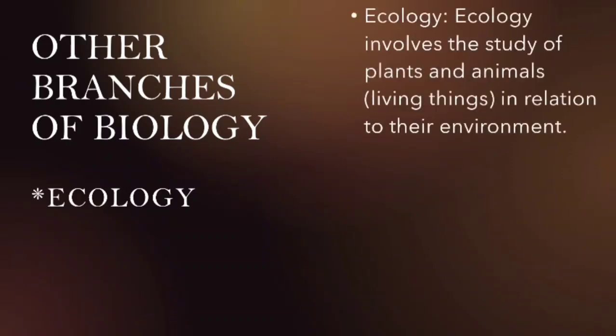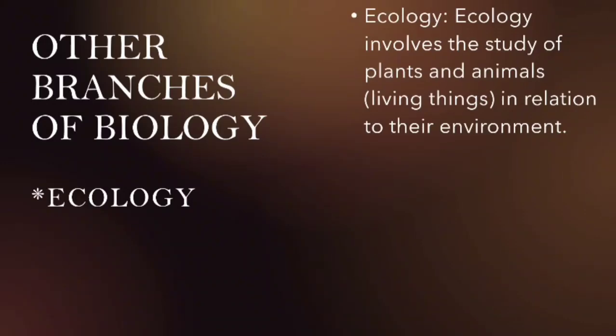I want to lay emphasis on some branches of biology in this video, because in the study of biology we'll definitely come across them. Just a few of them, especially this particular one. Ecology. Ecology involves the study of plants and animals in relation to their environment.